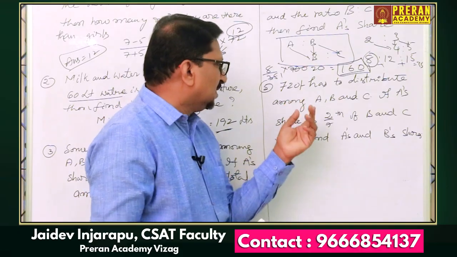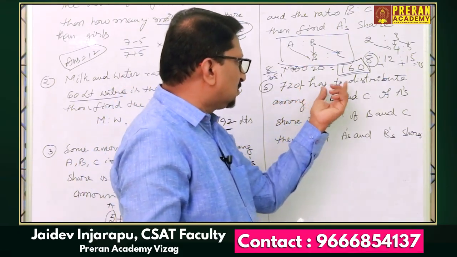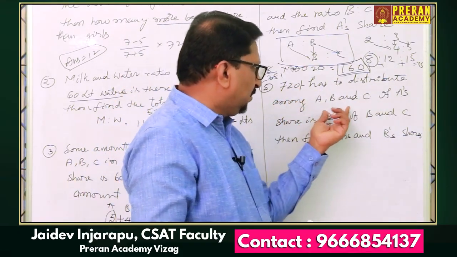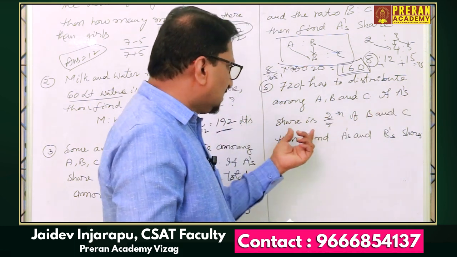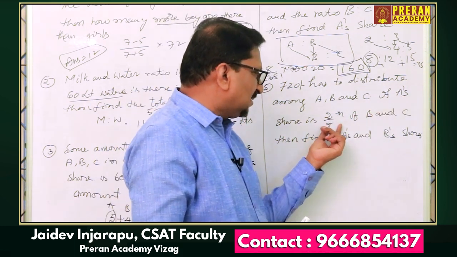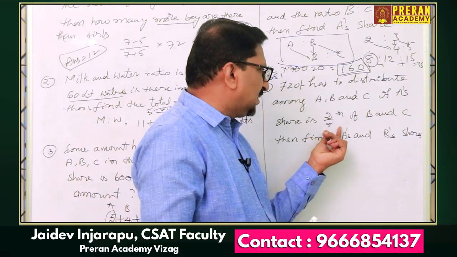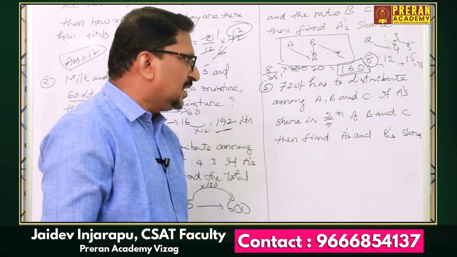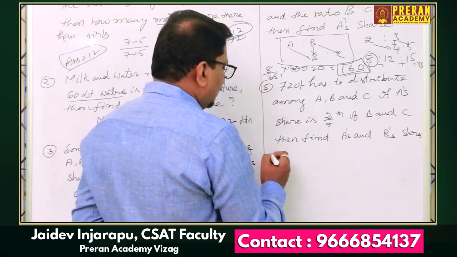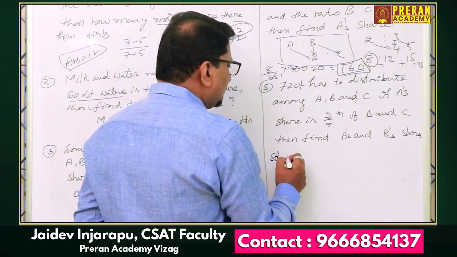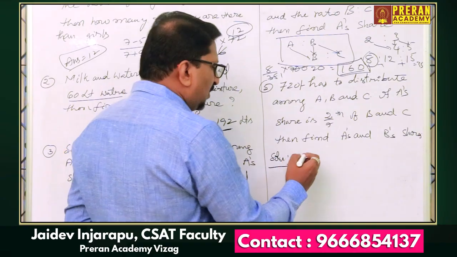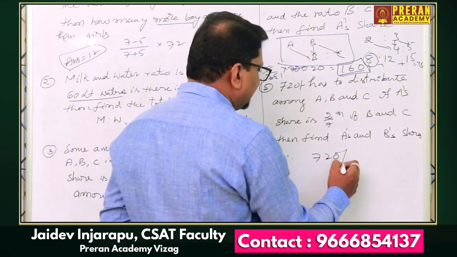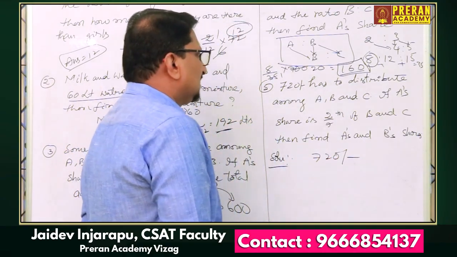Now coming to this one, 720 rupees has to be distributed among A, B, C. If A is 2 by 7th part of B and C, then find A's and B's share. Interesting. Now what he said, total amount 720 rupees, and he has given a condition.